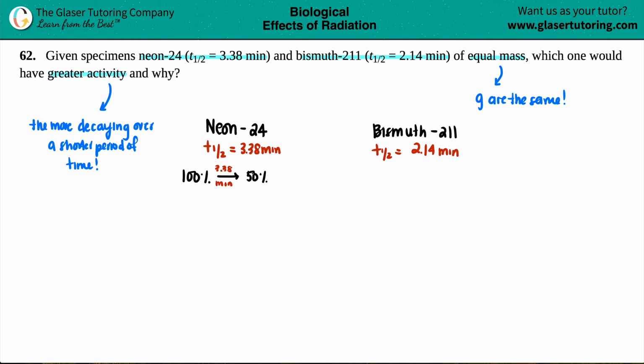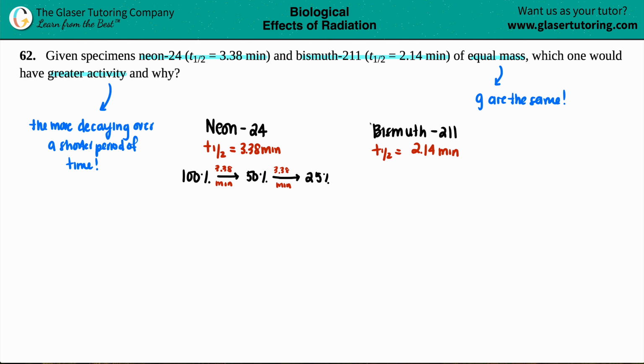And if I want to break my new sample down again in half, 50 divided by 2 is 25%, that's going to be another half-life, 3.38 minutes. And if I wanted to break this down again, that's another half-life. And you just add up those half-life times, right?